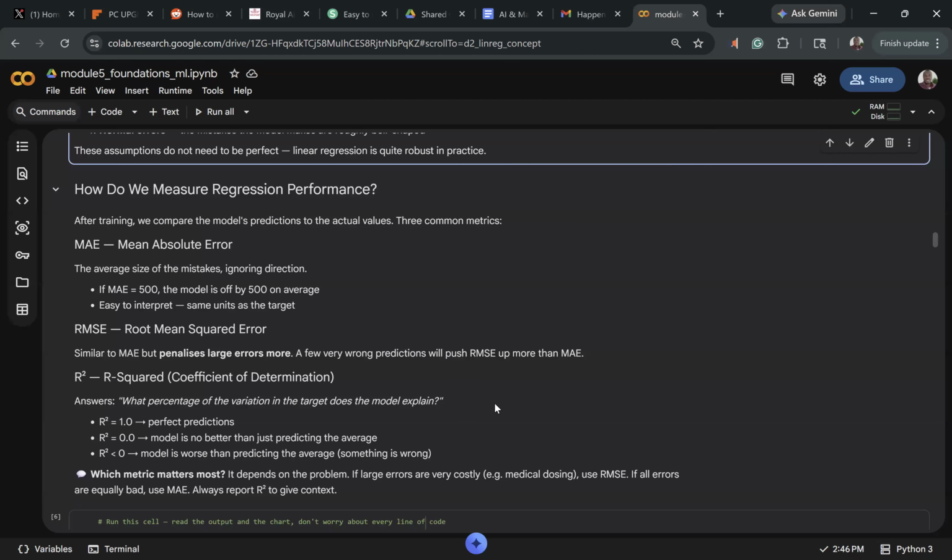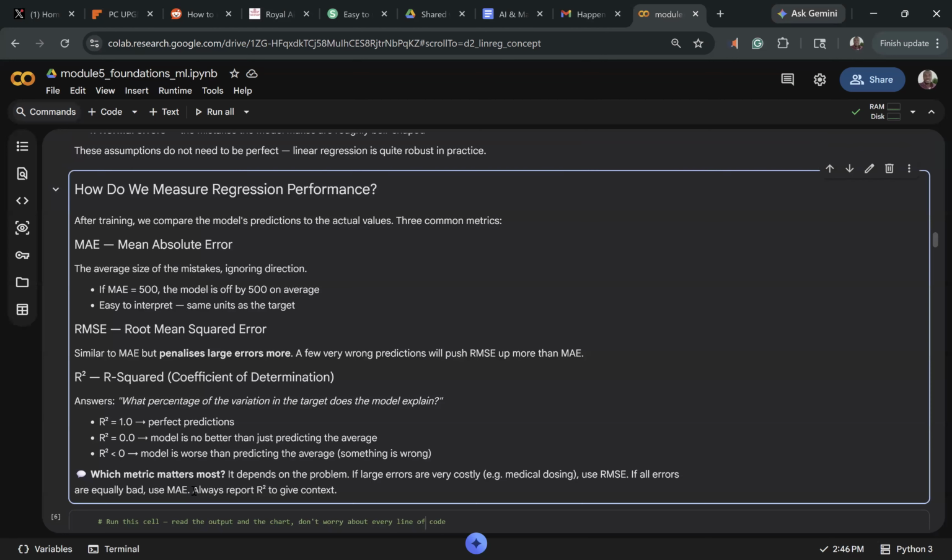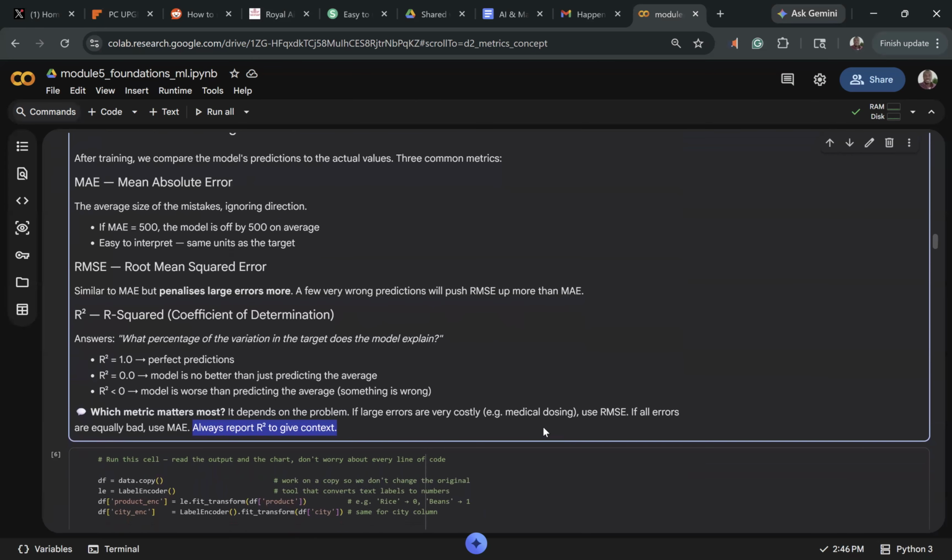If all errors are equally bad, use mean absolute error. But remember to always report your R squared, because it tells you how well your model is performing overall, not only based on the error, but how much of the prediction it gets right.